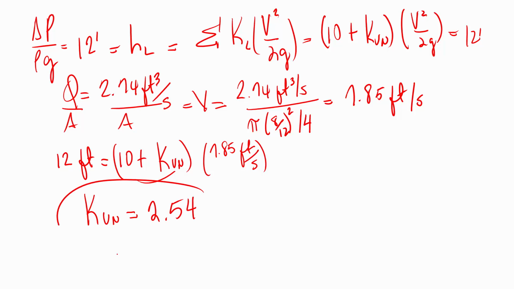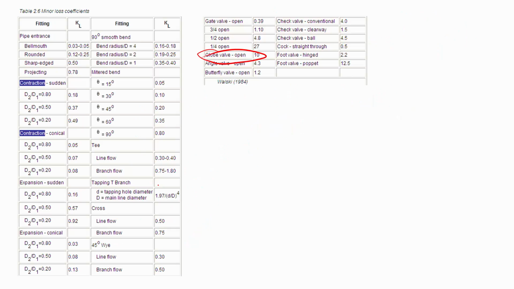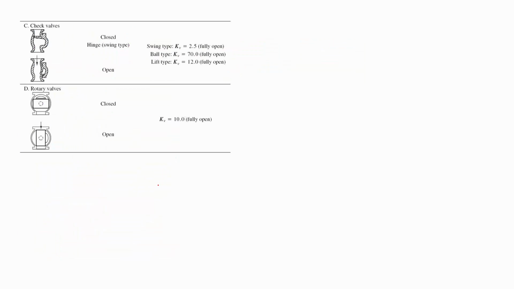It is 2.54. So now I have to look at the tables and see which valve has a K value of 2.54. I could not find it in this generic table, so I'm looking at other tables, and I know that this is a check valve, the swing type, that has a K value of 2.5. So this is the answer.